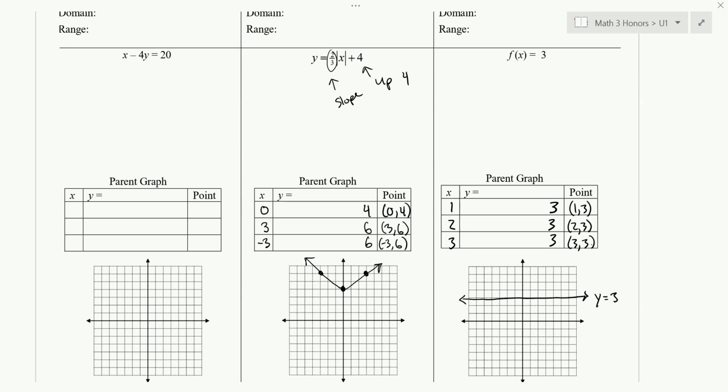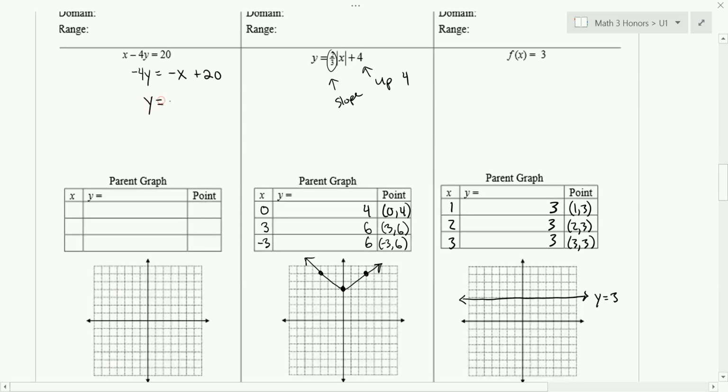And so solving for y, I'm going to subtract x from both sides. So I get negative 4y is equal to negative x plus 20. And then I'm going to divide all three pieces by negative 4. And I get y is equal to 1/4 x minus 5.